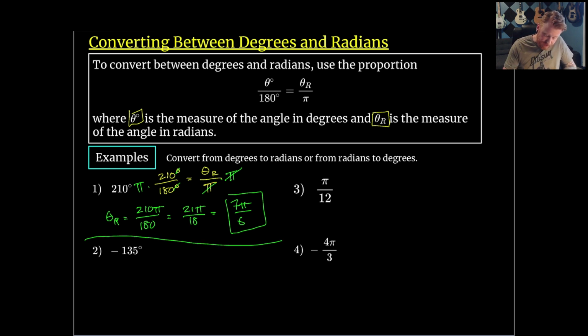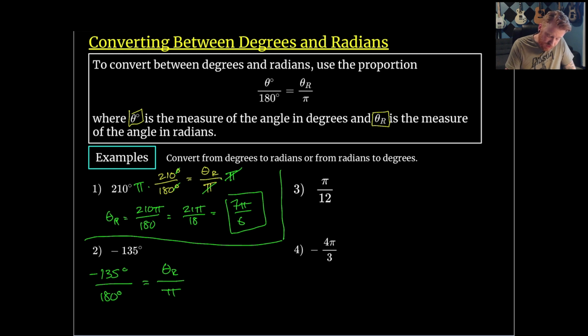All right, let's take a look at this next one here. We want to do negative 135 degrees and convert that into radians. So we will set up our proportion here. Negative 135 degrees is to 180 degrees as our measure in radians is to pi.